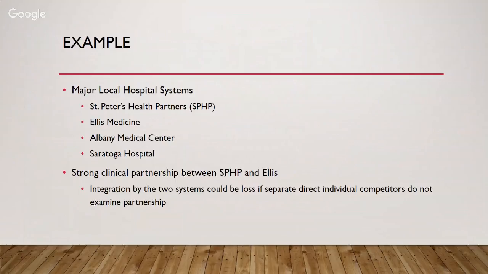The integration of these two clinically integrated systems could be missed by a competitor analysis. In addition, nearby hospitals like Columbia Memorial in Kinderhook, New York, and farther south, Health Alliance, which is owned by Westchester Medical Center in Kingston, New York, those competitors could be lost among the different major hospital systems.